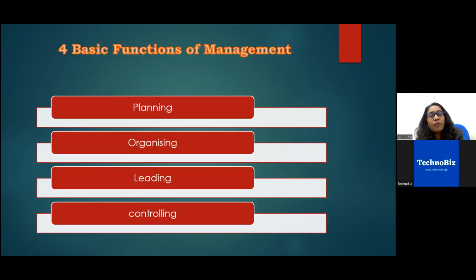Okay, we are going into the four basic functions of management, which everybody knows, I believe: planning, organizing, leading, and controlling. Regardless of the type of company, whether big or small, all managers perform the same four basic functions of planning, organizing, leading, and controlling.